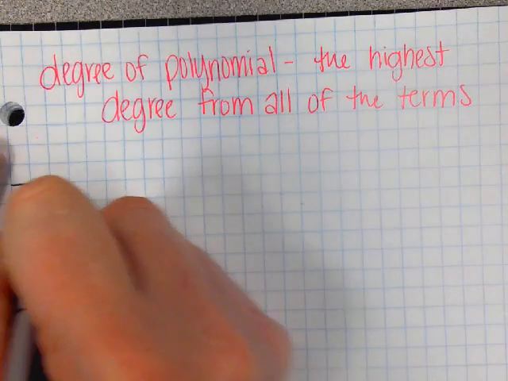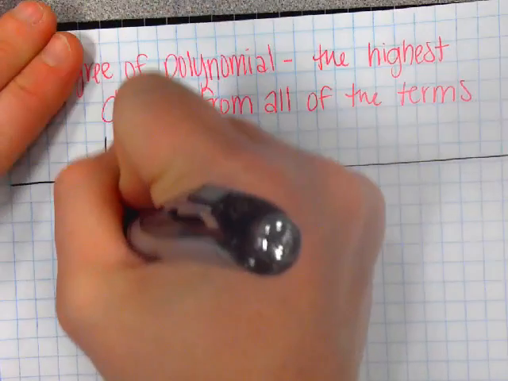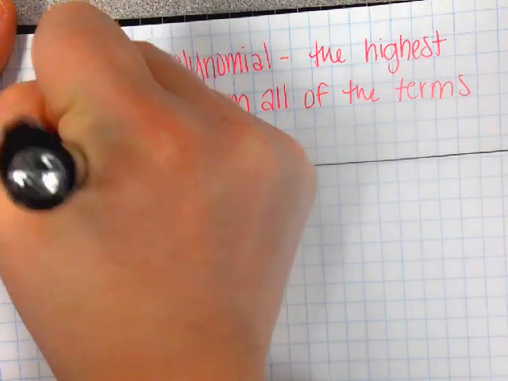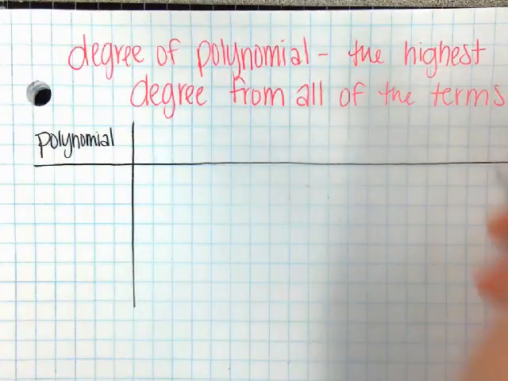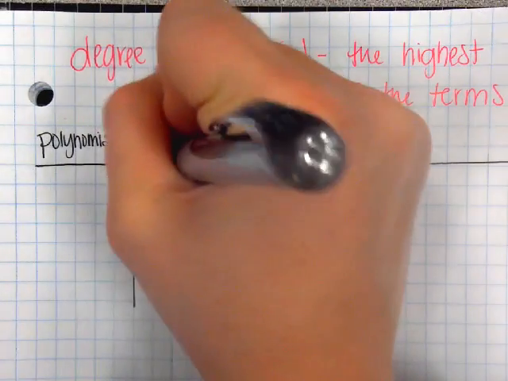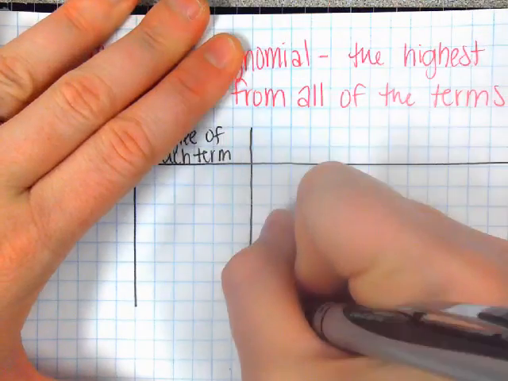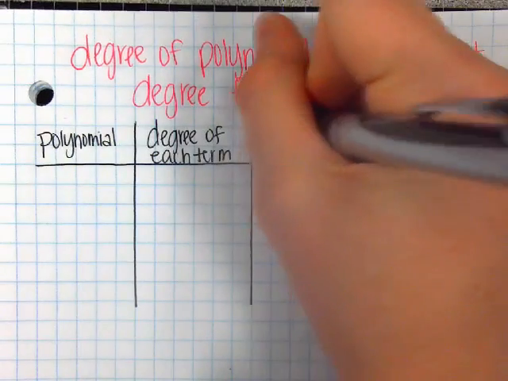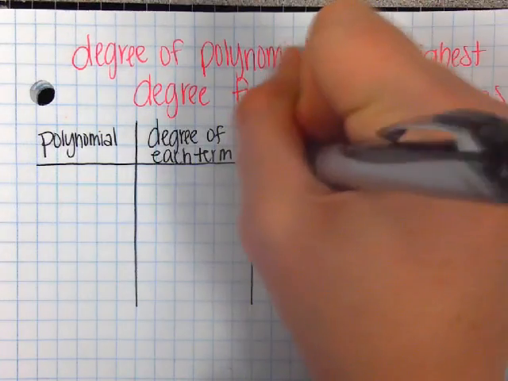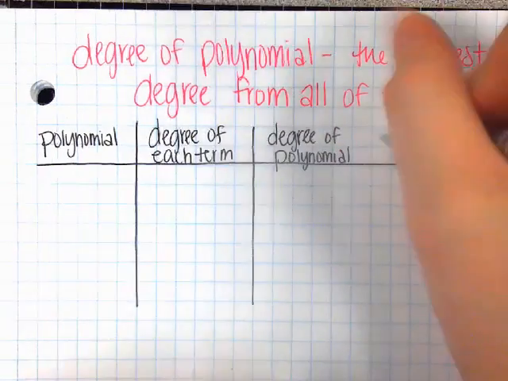So I'm going to write a big chart. I'm going to put 4 separate things in this chart. So: polynomial, degree of each term, degree of polynomial.